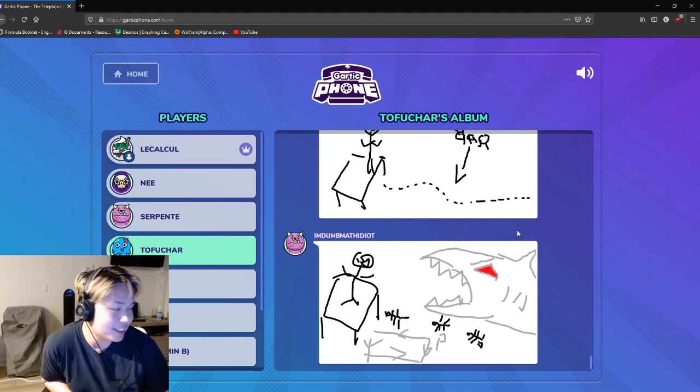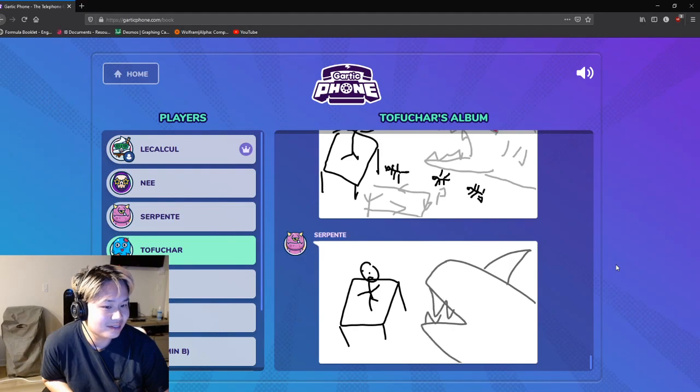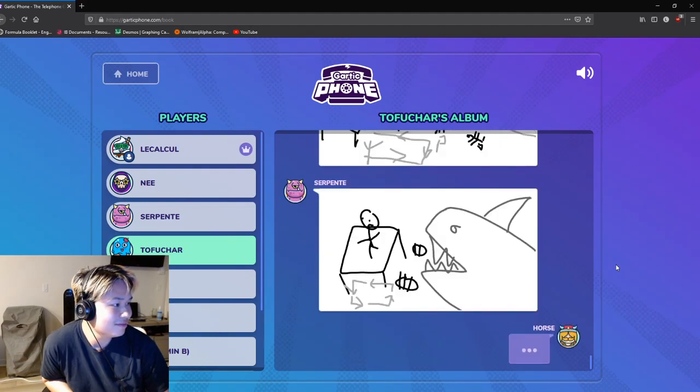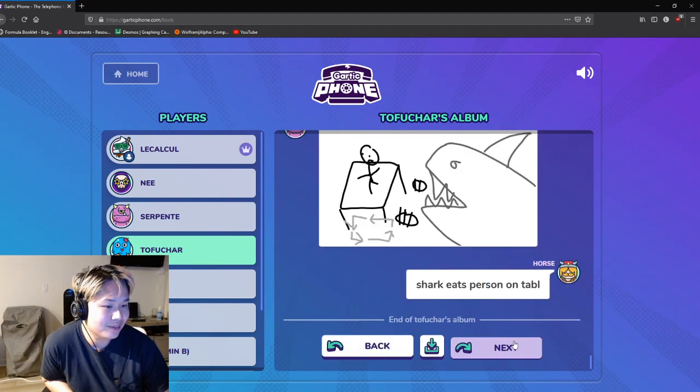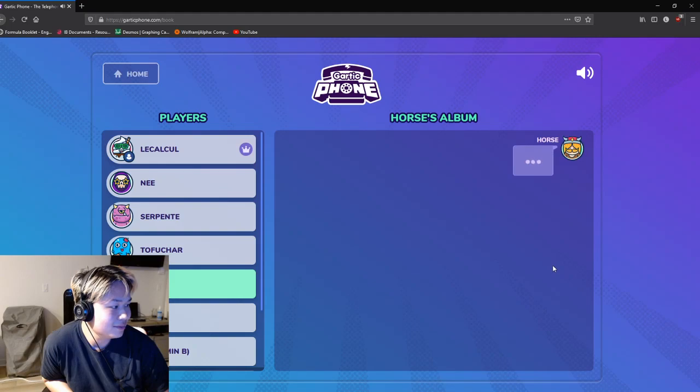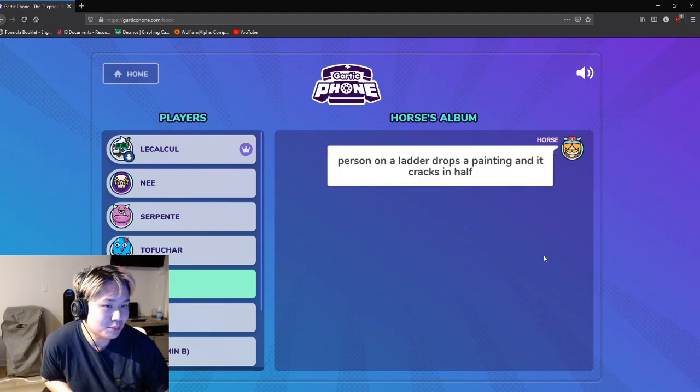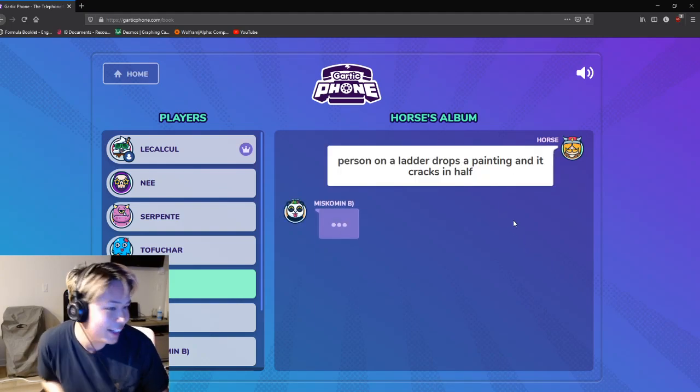Why you gotta have sharks all the time? Shark eats person on the table. Person on ladder drops a painting and it cracks in half.